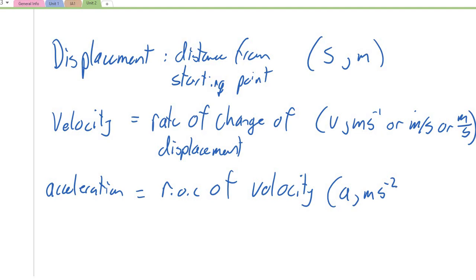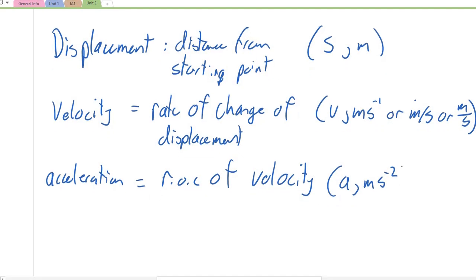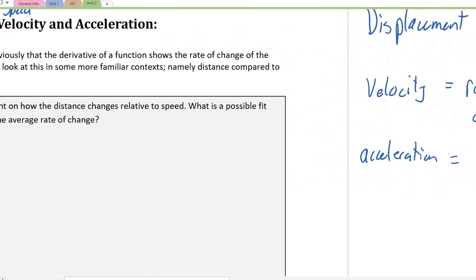After 3 seconds, I'd be going another 9.8 meters a second faster. This is how much our velocity changes per second. Each second we get 9.8 meters per second faster. So the other ways of writing this would be m over s squared or m s squared. Up to you how you do it. Okay.